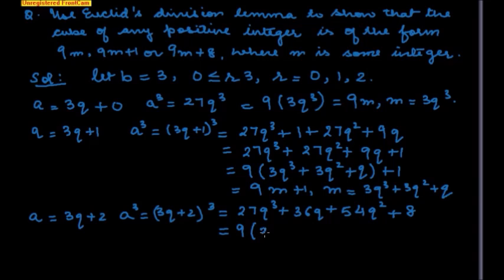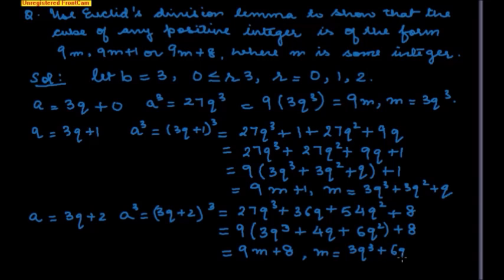I take 9 common out of the first 3 terms again and I get 9 into 3q cube plus 6q square plus 4q, and 8 remains as it is. Now this can be written again in the form of 9m plus 8, where m is equal to 3q cube plus 6q square plus 4q.